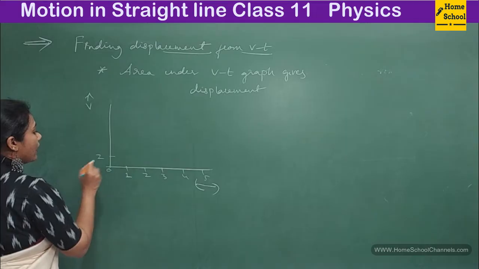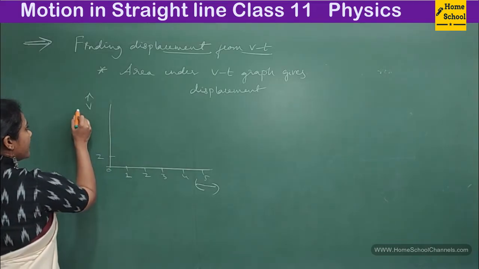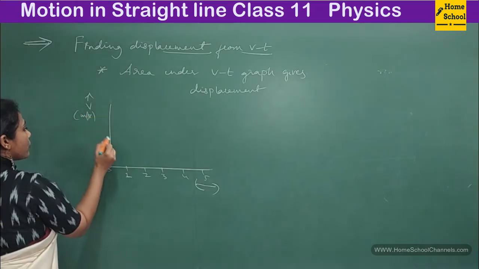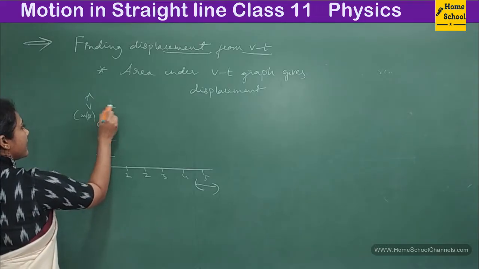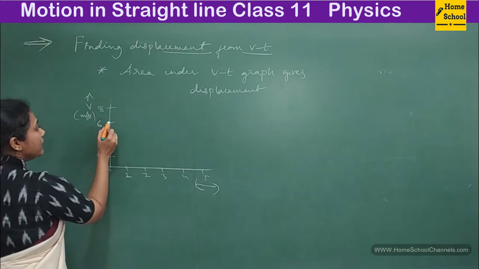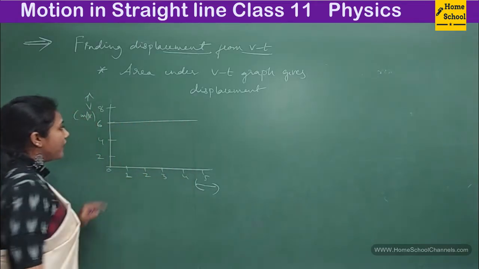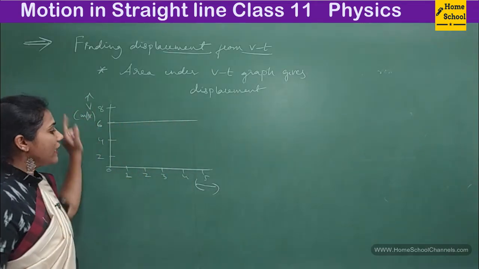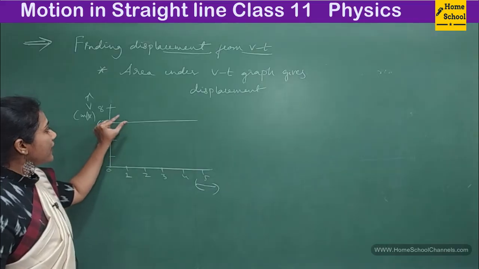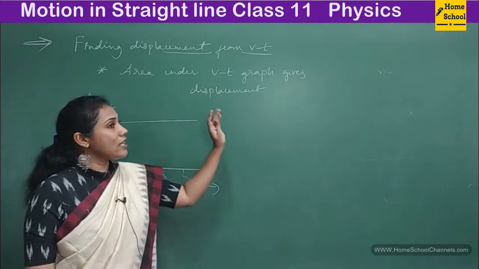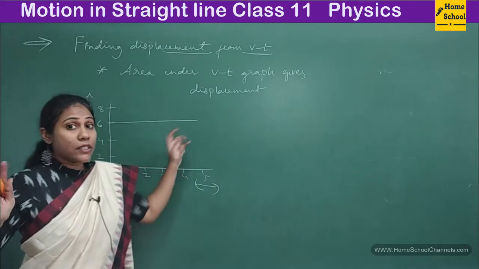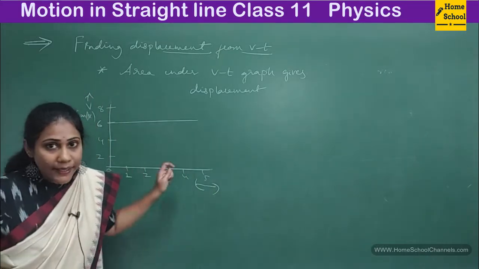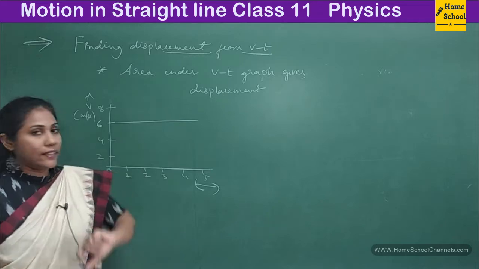And this is velocity in meter per second, so this is 2, this is 4, this is 6 and this is 8. Imagine I have this straight line in the VT graph. What does this mean? That the object is moving with constant velocity, not at rest. Very important.